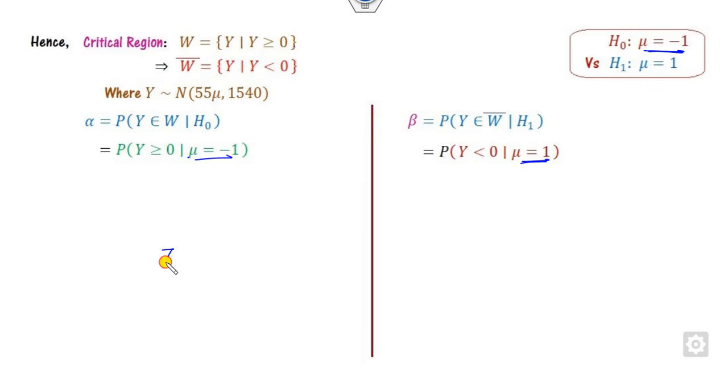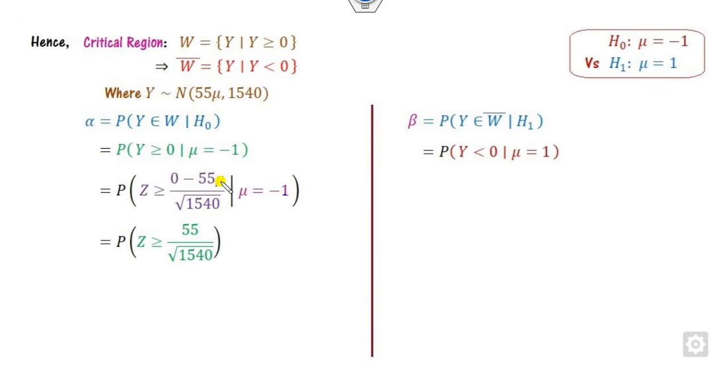Since it's a normal distribution, you have to convert them into z. Now this is for y, so you have to consider it for y. What is the value of mu? The mean of y is 55. What is the standard deviation of this? It is 1540. Corresponding to minus 1, this is minus 1, and corresponding to plus 1 it is 55.